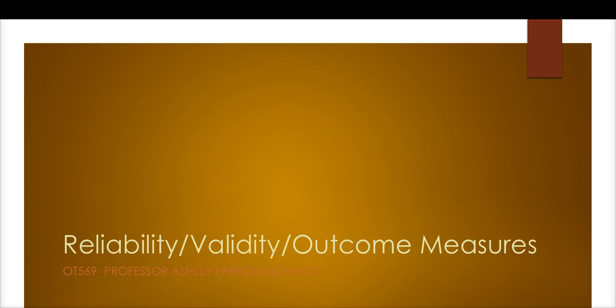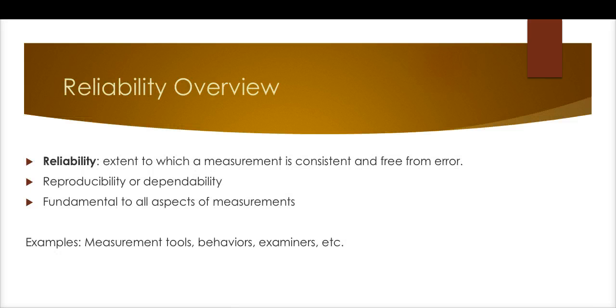So before we appraise a few articles, because there are research articles focusing on outcome measures solely, we're actually going to appraise those type of articles this week. But before we do that, we need to have a discussion about outcome measures and reliability and validity.